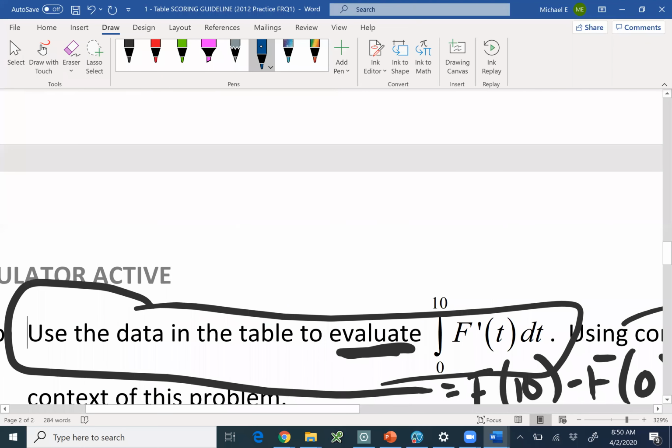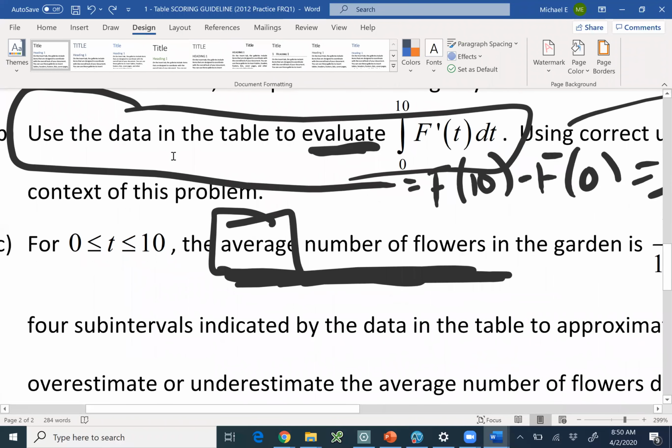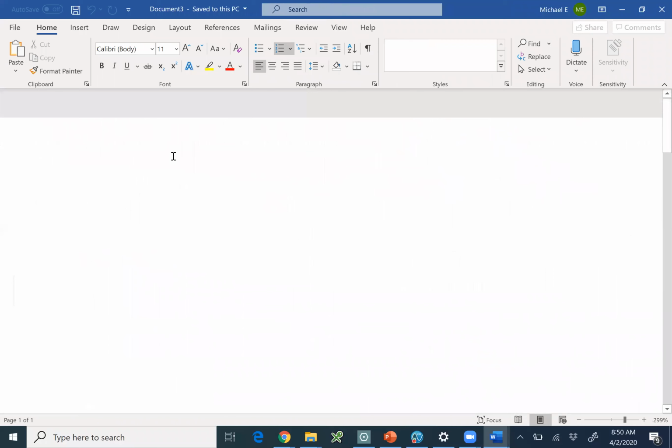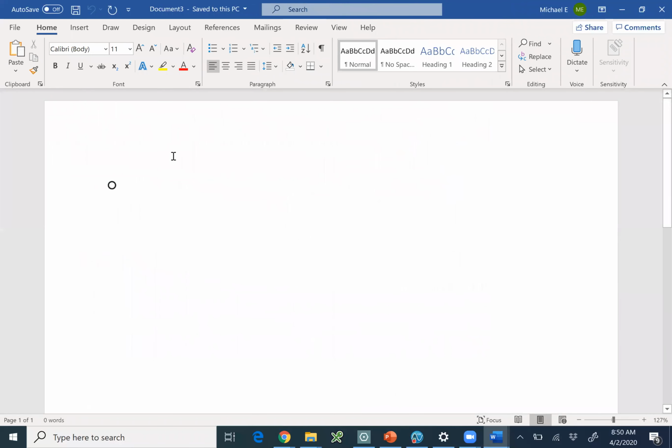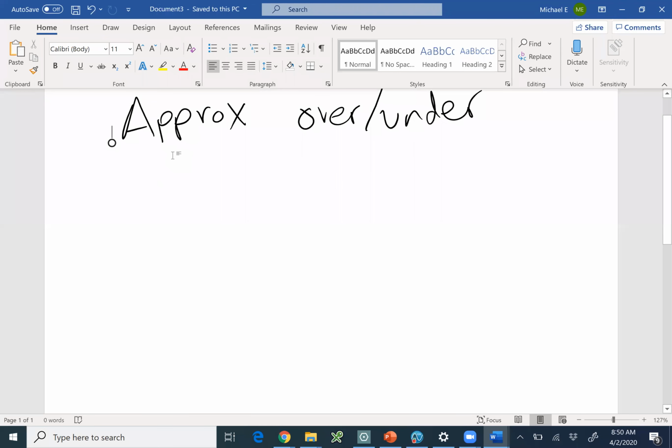What I do want to point out is that for approximations, it was an over or underestimate. So essentially we have 2 main rules and a third rule.